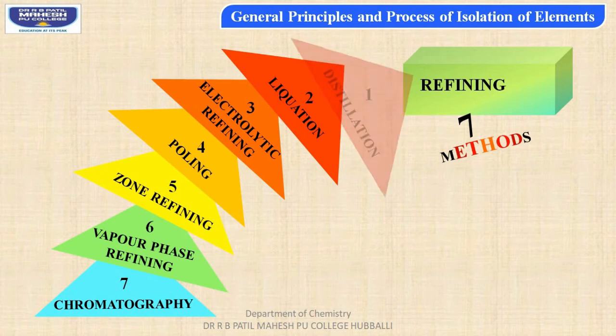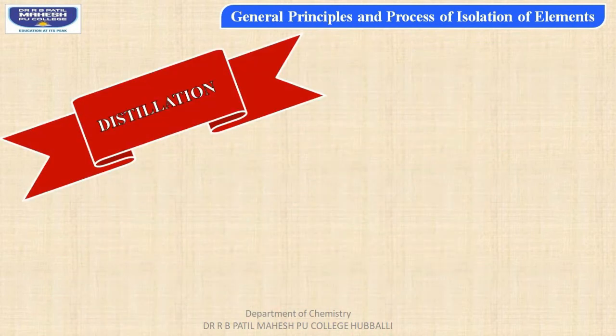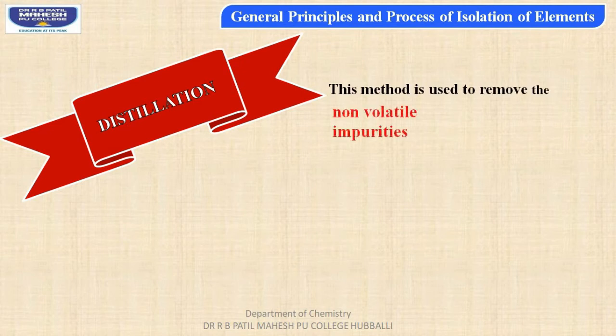So the first one is distillation, in detail. In distillation, this method is used to remove non-volatile impurities from volatile metals. And students, you need to know about non-volatile impurities.